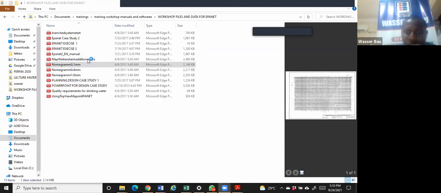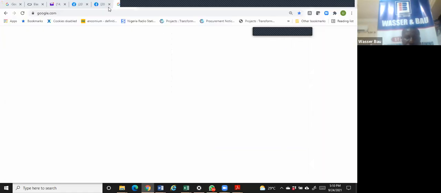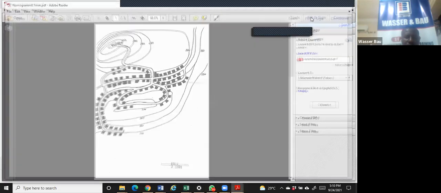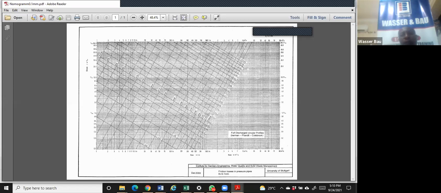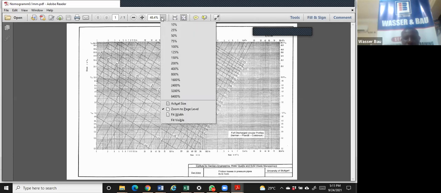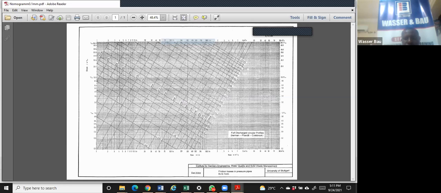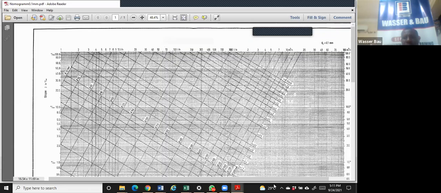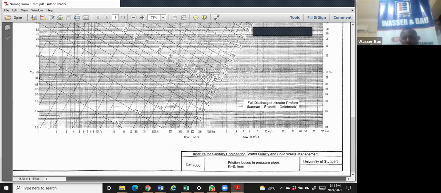Nomogram for 0.1. So we're going to use PVC pipe. Okay, this is what the pipe looks like. Down here, you see the pipe losses.